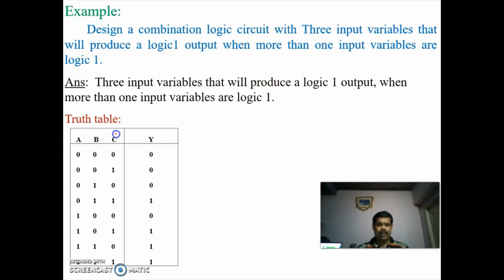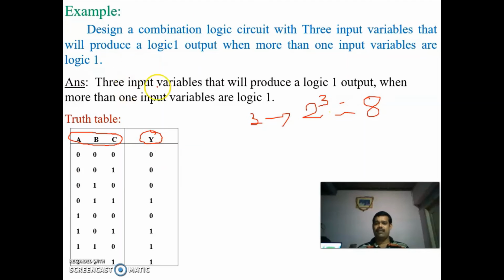For input we are assigning the letters A, B, C, and for output I am assigning the letter Y. Now how many inputs are we having? Three inputs. If you have three inputs, then you will get 2 to the power 3, 8 combinations of inputs.